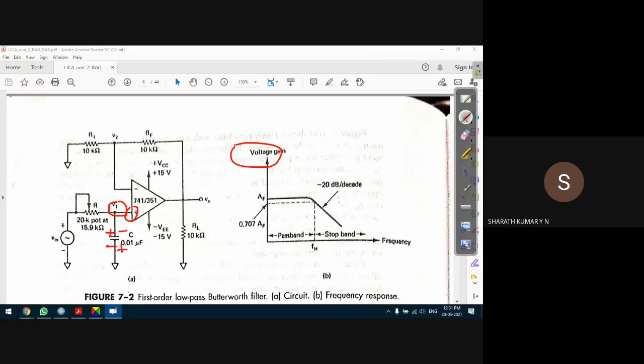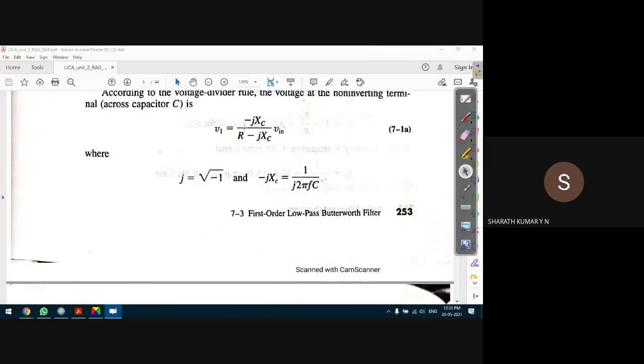Thereby the impedance is taken as negative here: minus jXC divided by R minus jXC, not C1, sorry, it is only C, times Vin, where j is equal to the square root of minus 1, the imaginary term. Minus jXC can be written as 1 by j2πfC, because the impedance of the capacitor XC is 1 by 2πfC.